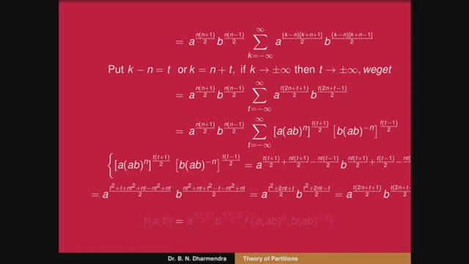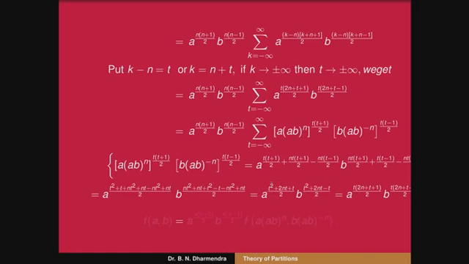Similarly for b, the nt squared terms cancel. The remaining term is a to the power of (t squared plus 2nt plus t)/2 into b to the power of (t squared plus 2nt minus t)/2.